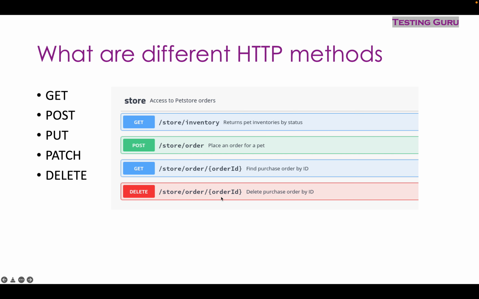So it deletes a specific order ID only. I mean the records of that particular order ID. So this is how we send different methods like get, post, put, patch and delete. Most of the teams use get, post, put, and delete, and some people use patch as well. So that's the reason I'm covering it here.